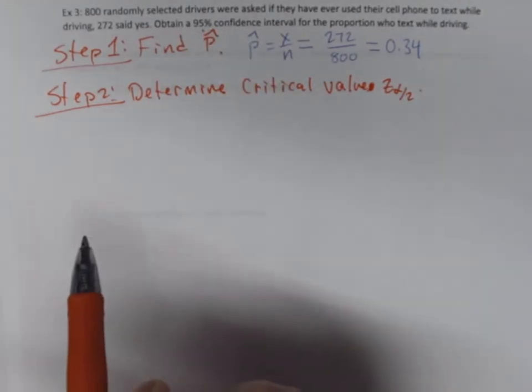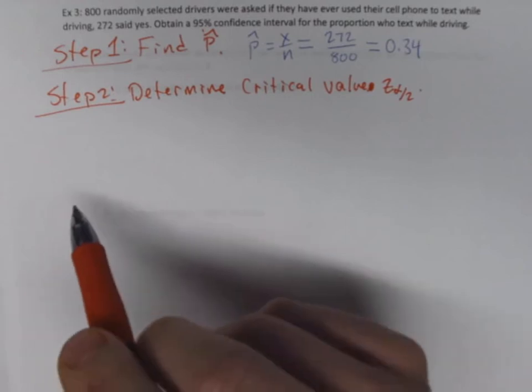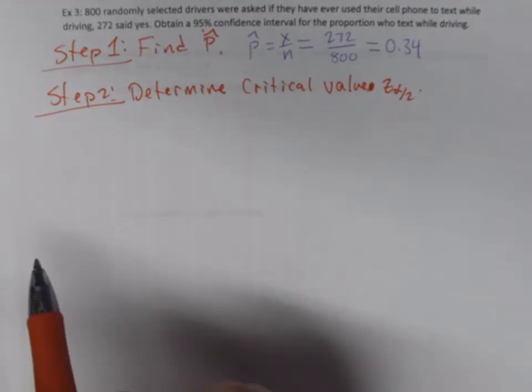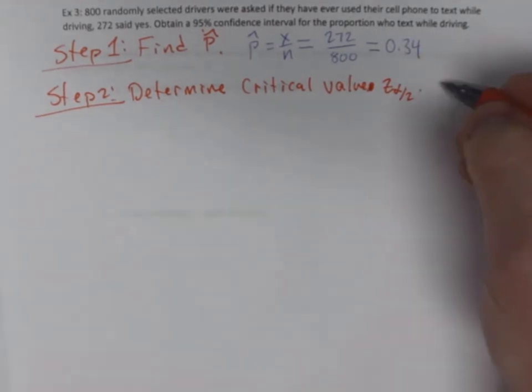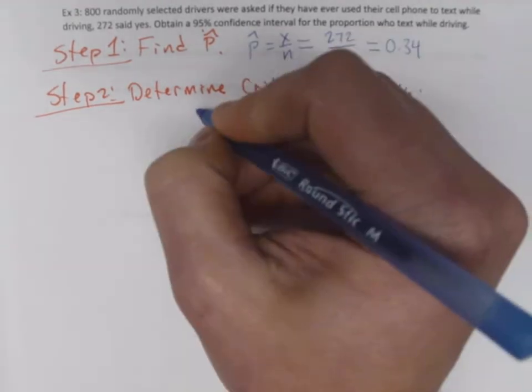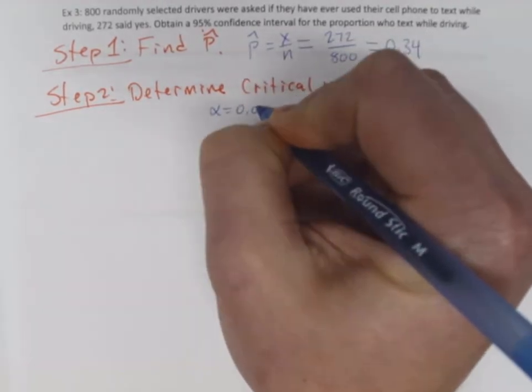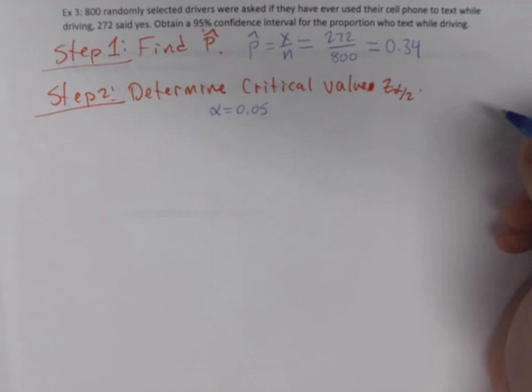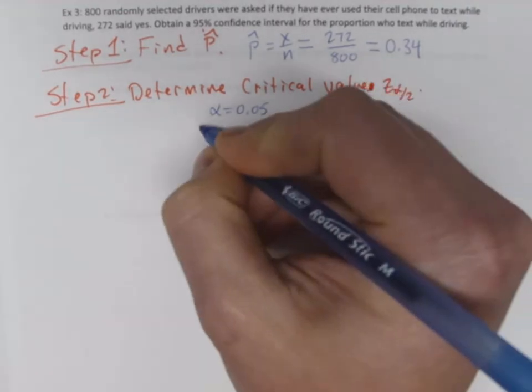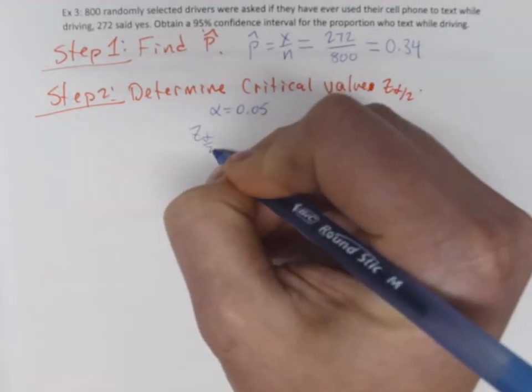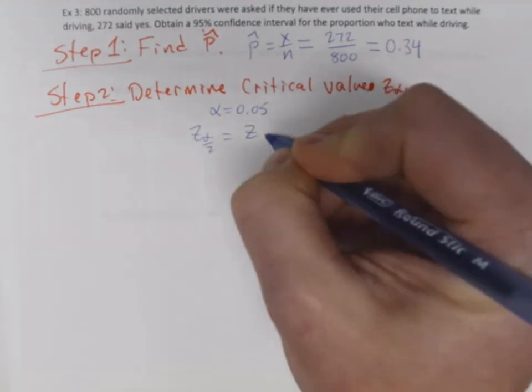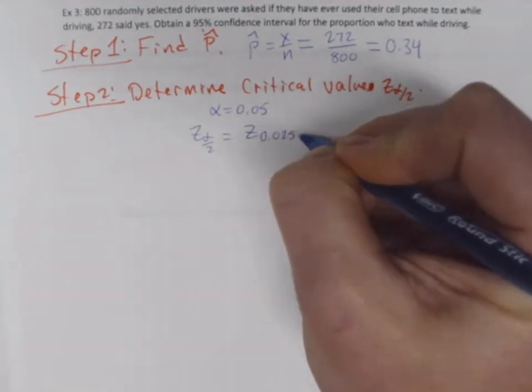So that tells us what alpha is. What is alpha here? Alpha is 0.05. So Z alpha over 2 would be Z of 0.025.